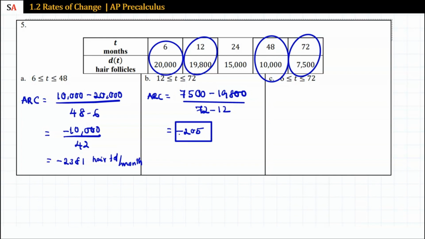And let's see, between 6 and 72: at 6 it is 20,000, and at 72 we have 7,500.